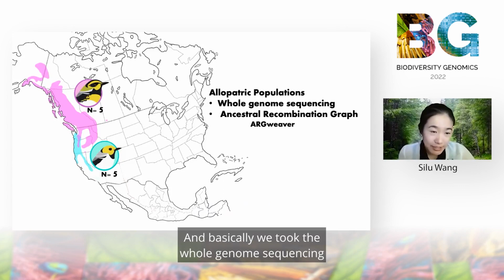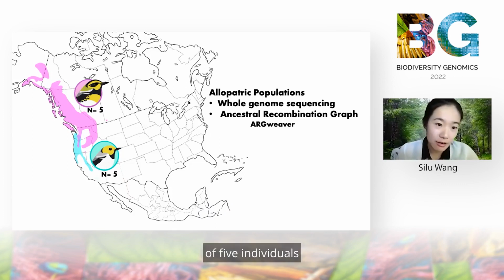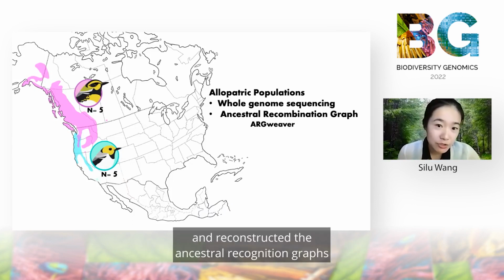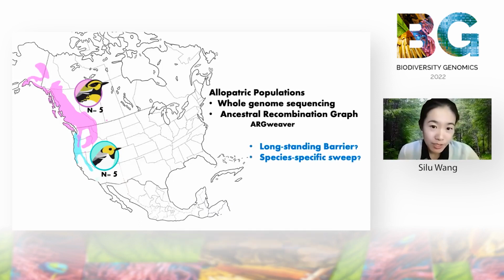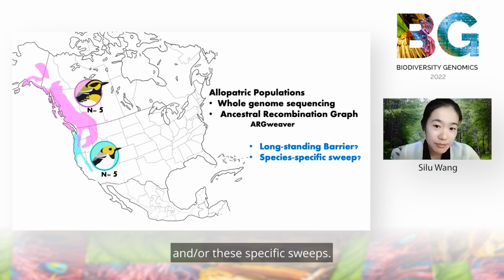Basically, we took the whole genome sequencing of 5 individuals from the allopatric parental populations and reconstructed the ancestral recombination graphs with ARGweaver. We tested whether there are signatures of long-standing barriers or species-specific sweeps.